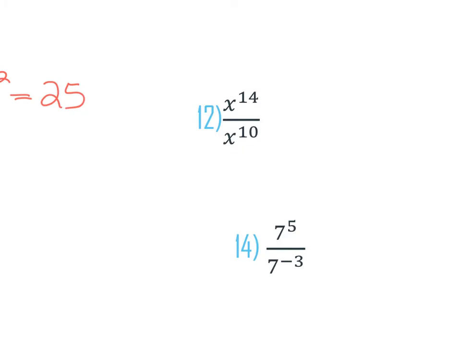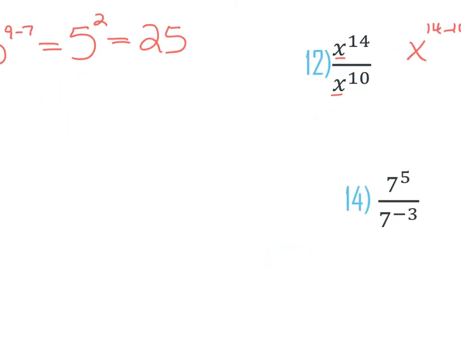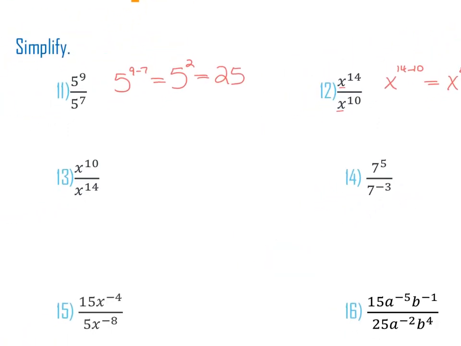This one again, same base, so I'm going to subtract 14 minus 10, x to the 4th. Now, this one looks the same, but it's flipped. So I'm doing 10 minus 14. I get a negative 4. Remember, when you have a negative exponent, you put it in the bottom of a fraction.